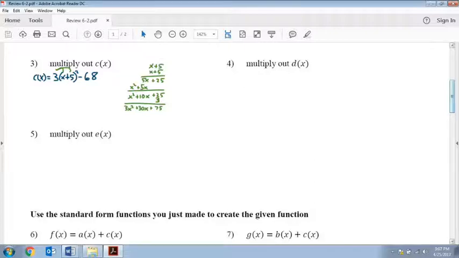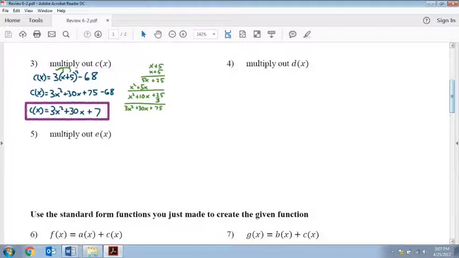You've got c of x equals 3x squared plus 30x plus 75 minus 68. And when we combine these two together, we get c of x equals 3x squared plus 30x plus 7. Okay? And that is your standard form equation for function c of x.